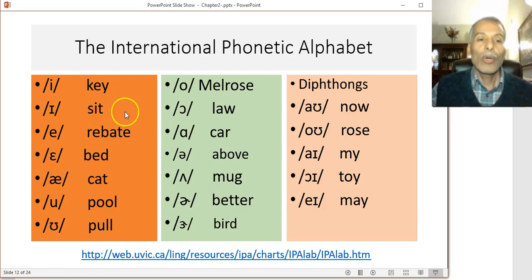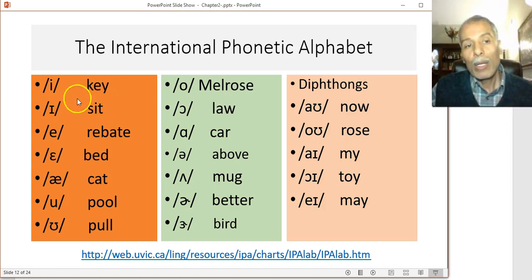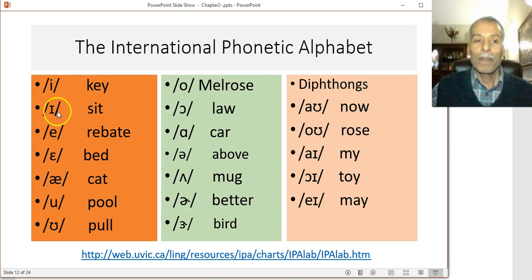So this is a short form of the E. So when you say key or keep, if you shorten it, it will be kip. If you say sit and make it longer, it will be seat. So E is a longer form of the I.